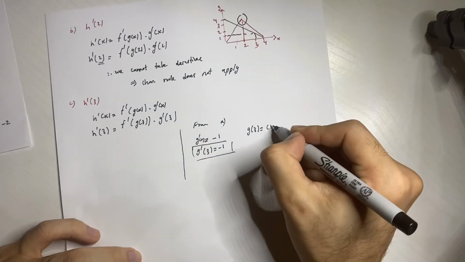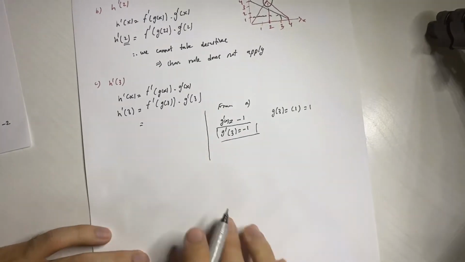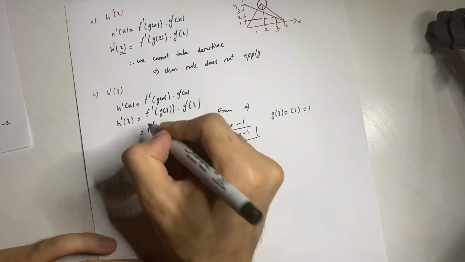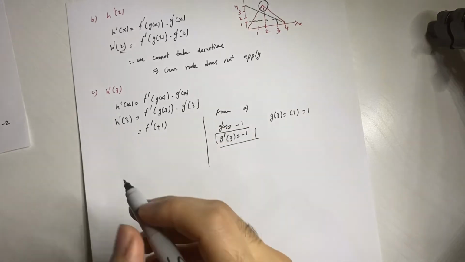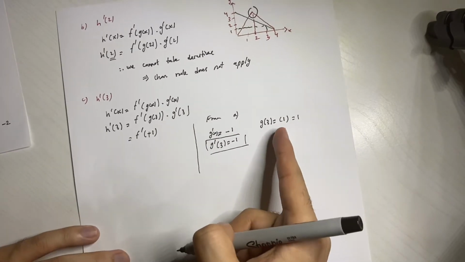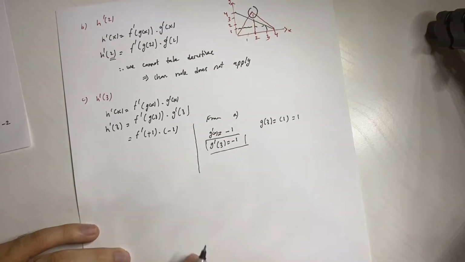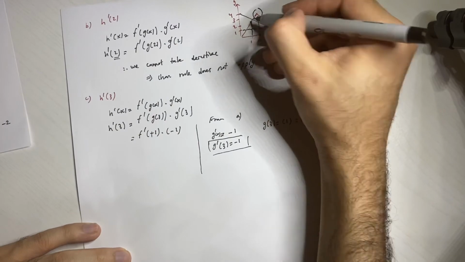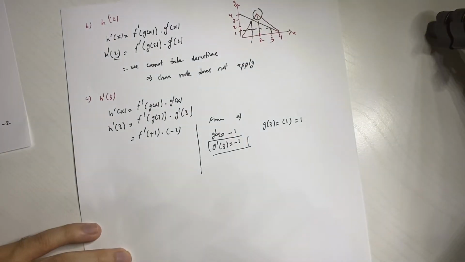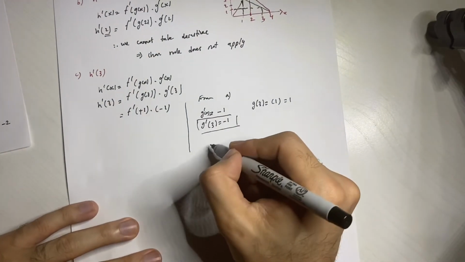Now we just also need to evaluate the function at x equal to 3. This is just an estimation. We see that the value is going to be 1. Then we plug this value back into these functions. So that is f prime of 1 multiplied by g prime of 3, which is -1. And to find that, you notice that f prime of 1 is on the first line that is going up.